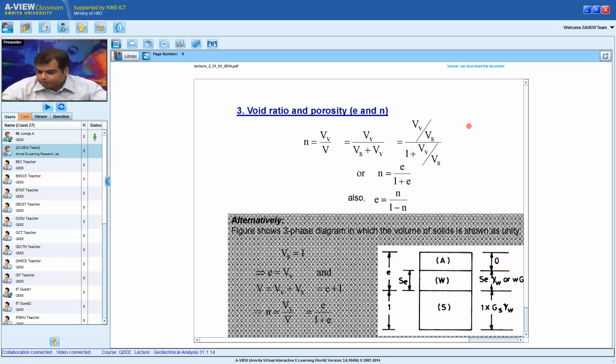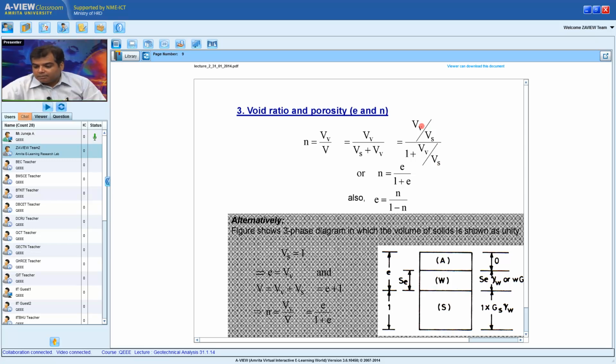Okay. So if I look at the numerator and the denominator carefully, I have volume of solids over here. If I divide numerator and denominator by volume of solids, I get volume of voids divided by volume of solids, which is here. Then the denominator equals 1 plus volume of voids divided by volume of solids, which is here.